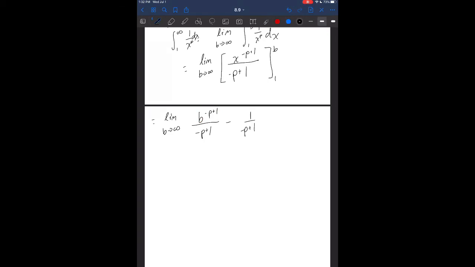If this negative p plus 1 is positive, right, we have b raised to some positive number. It could be 1/2, it could be 13, but either way, as we keep taking b bigger and bigger, we're raising bigger and bigger numbers to some positive power. And so this limit here is going to go to infinity. So then the integral diverges.